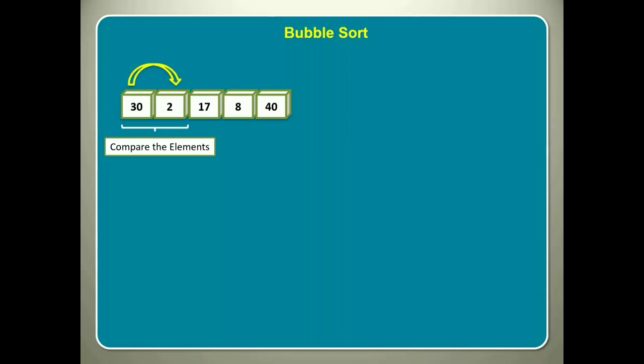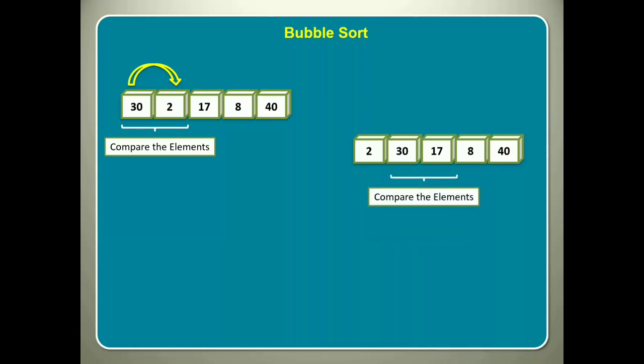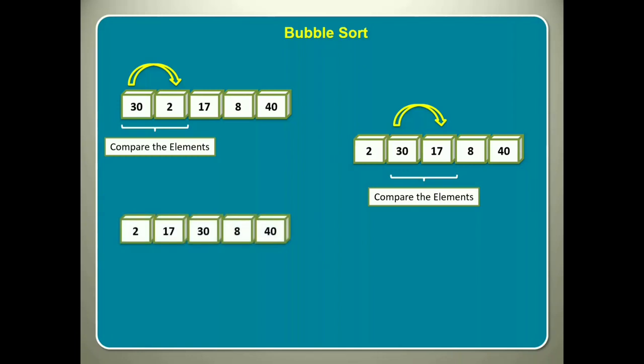The list now becomes 2, 30, 17, 8, 40. Step 2. Now compare the second and third element, that is 30 and 17. Again, these are swapped since they are not in order. The list now becomes 2, 17, 30, 8, 40.